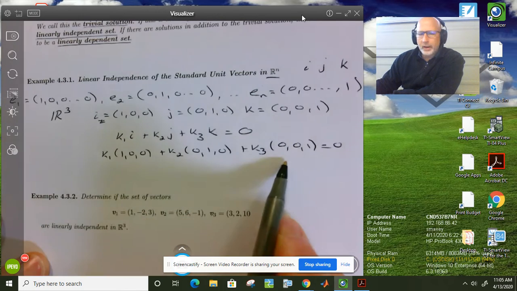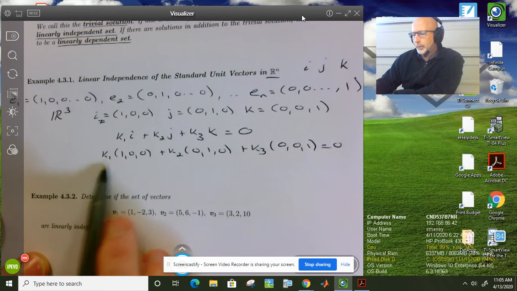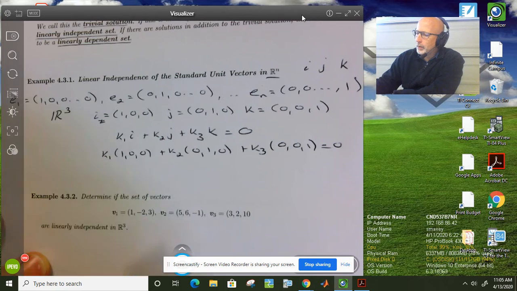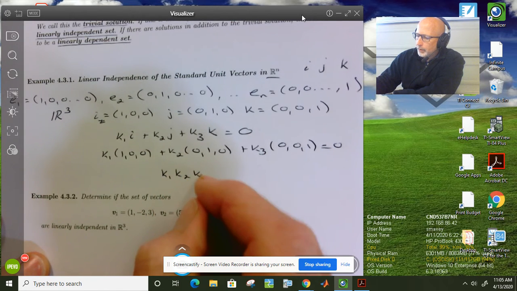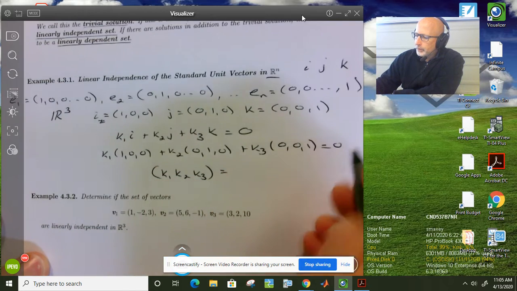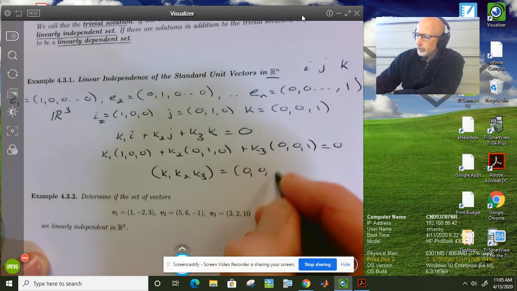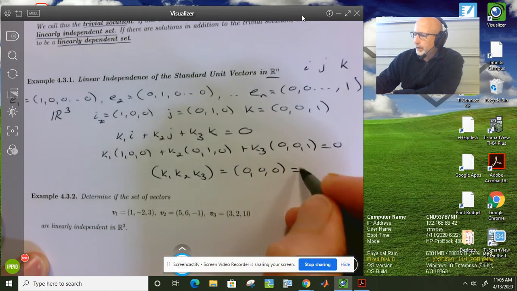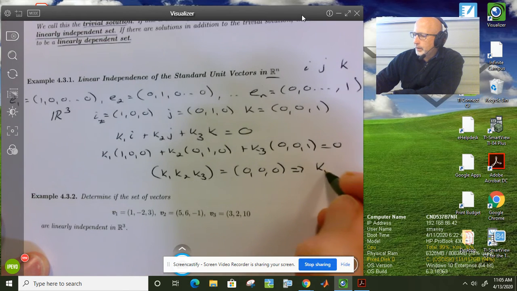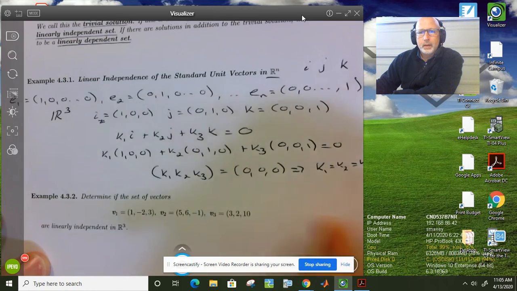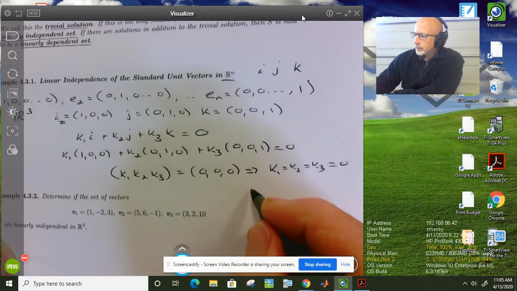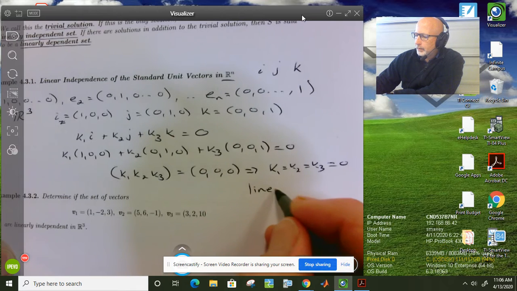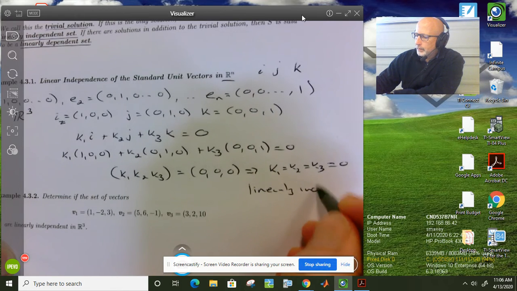Remember, these are just 3 vectors being multiplied by scalars. So I'm going to multiply and add them together. In doing so, I have k1, k2, k3 equal to the 0 vector, which is 0, 0, 0. And so therefore, k1 is equal to k2, which is equal to k3, which is equal to 0. That is the only solution here, when they're all equal to 0. So the set is linearly independent.